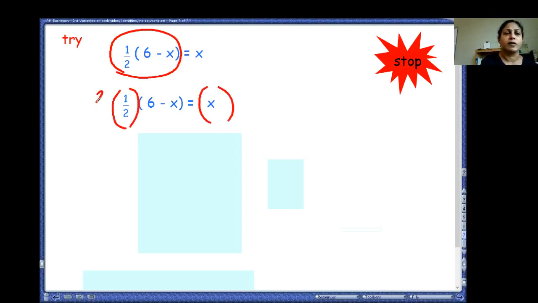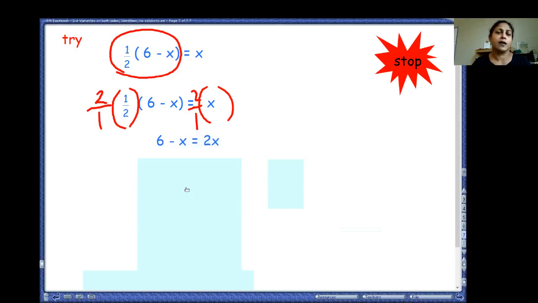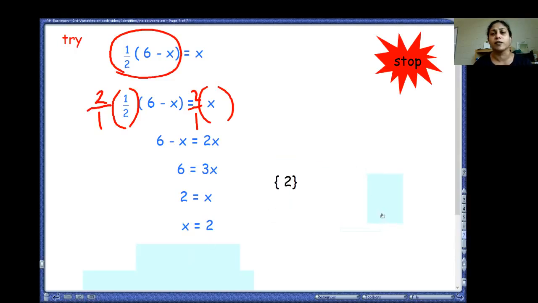You're going to multiply this by 2/1 and by 2/1. The left side will now become 6 minus x equals 2x. The lower variable is the minus x, so add x to both sides, and then x is equal to 2, which you're going to rewrite properly, and then your solution set is 2.